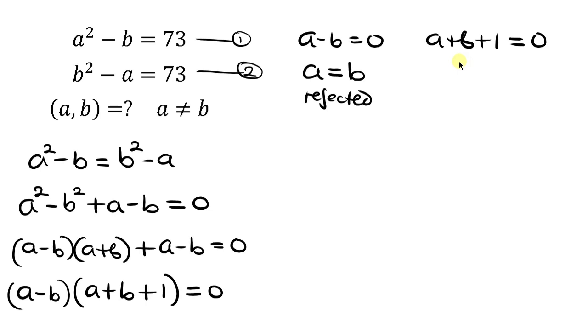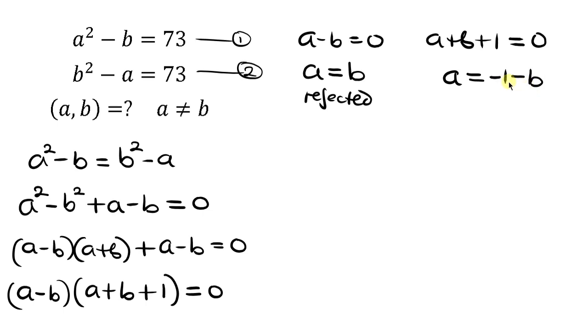For our second case, we're going to be applying substitution. That means we're going to be making a stand alone by moving b and 1 to the right hand side. So a will be equal to, as 1 crosses to the right, it becomes negative 1. And as b crosses to the right, it becomes negative b. So a is equal to negative 1 minus b.